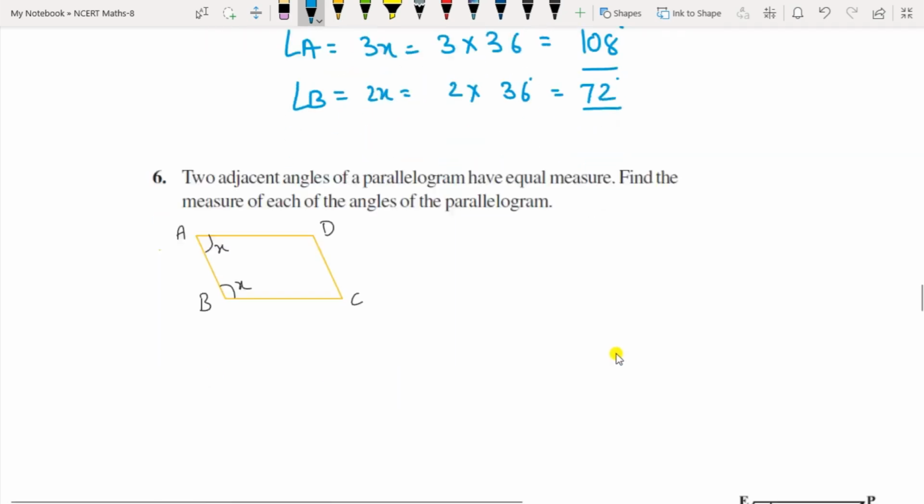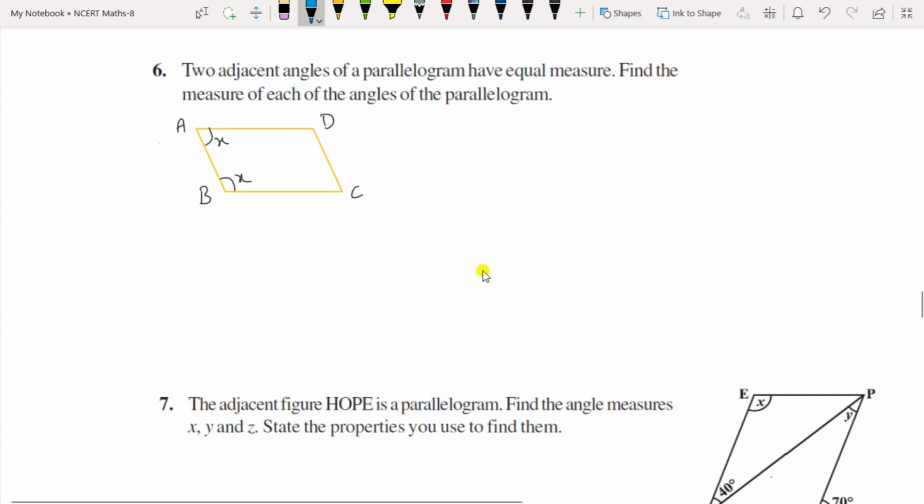Okay, this way. Sixth question is, two adjacent angles of a parallelogram have equal measures. Find the measure of each of the angles of the parallelogram. Now two adjacent angles are equal in value. So angle A equal to angle B equal to x. You have to write that these are also co-interior angles, so there will be addition.